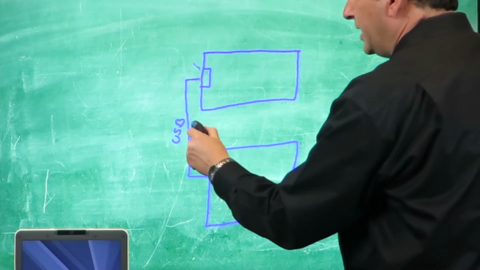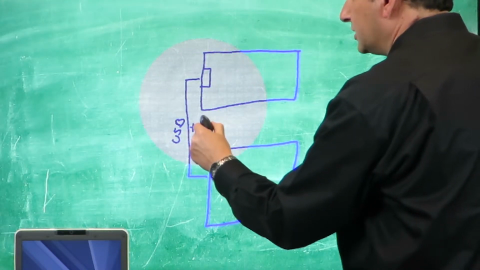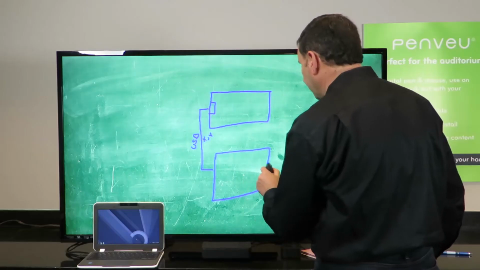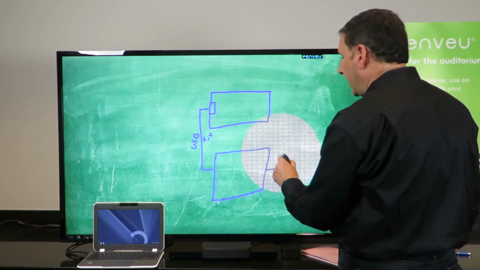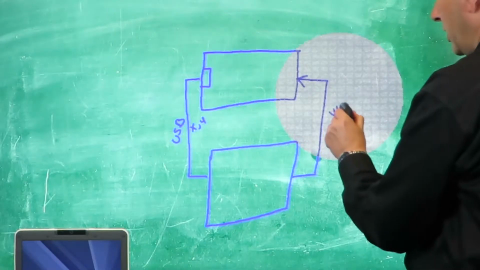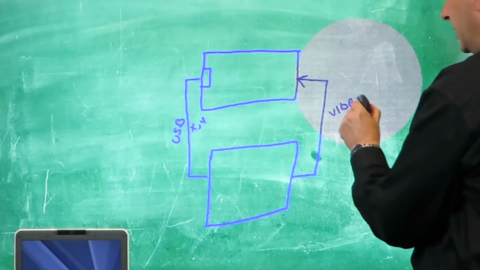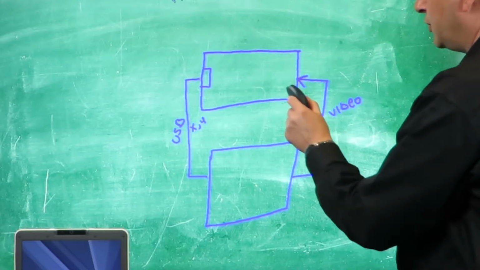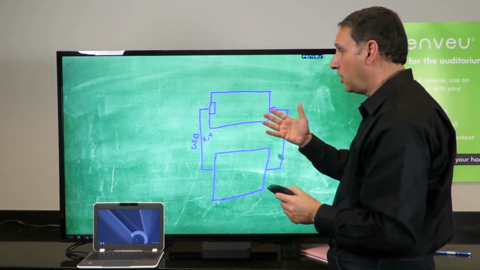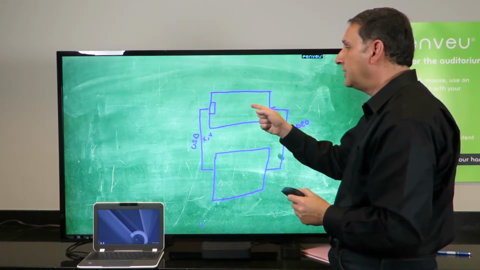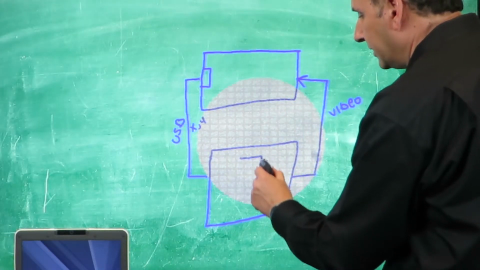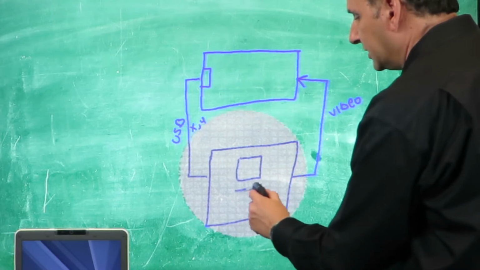And they are transmitting the X, Y positions because interactive display systems can only transmit X and Y. Now the computer, on the other hand, has a video output, whether it's VGA or HDMI, and that video output tells the display, whether it's a projector or a large TV like we're using here, where to put the ink, for example.